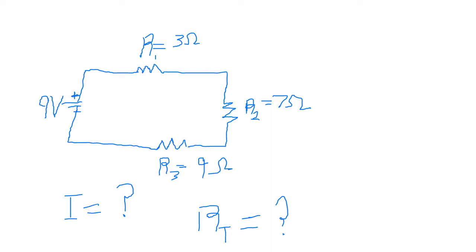So what is the current for this circuit equal to? And if you didn't remember, what is Ohm's law? That's right, V is equal to IR. Thanks, Hunter.